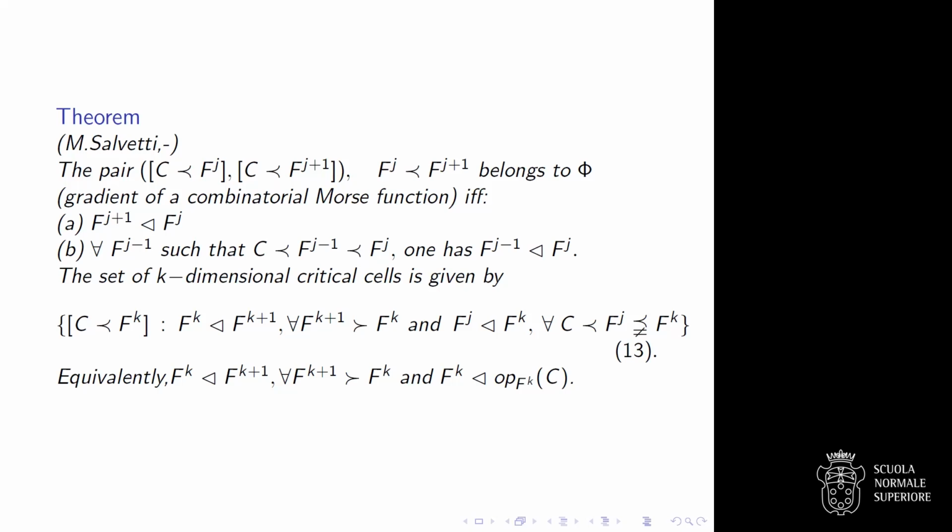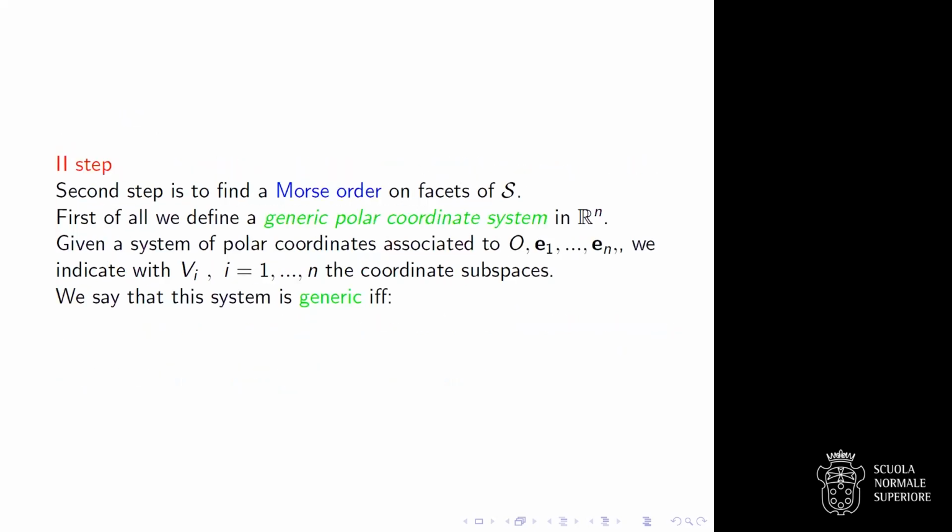I will show you how this works in an example. So the most difficult part is to find a Morse order. And this is a second idea, the intuition that allowed us to reduce our complex.